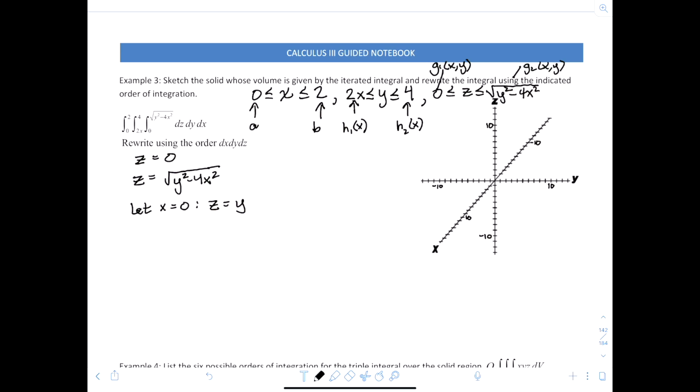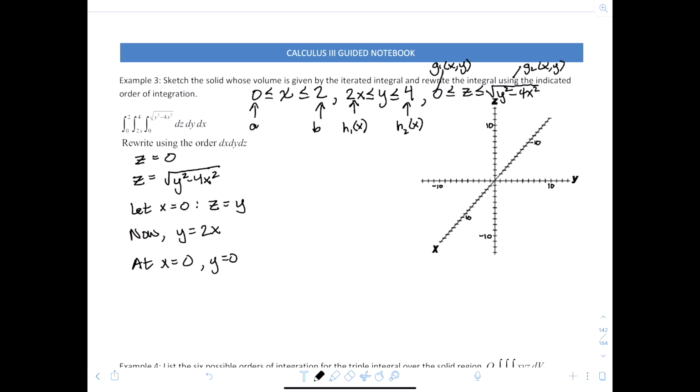If we consider y is 2x, we know that from the lower limit for y. Let's say at x is 0, y is 0.